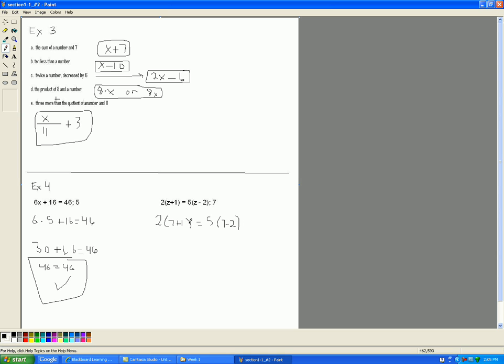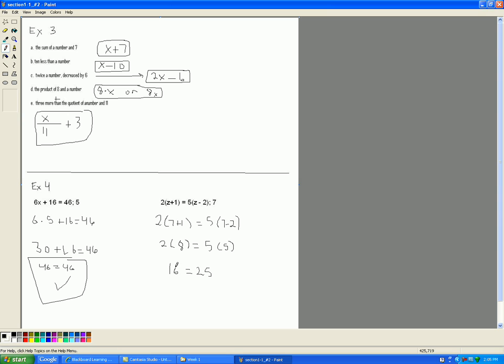Let's go ahead and compute these out. We know we do parentheses first. So it's 2 times 8 is equal to 5 times 5. 7 minus 2 is 5. Now let's compute this. 2 times 8 is 16, is equal to 5 times 5 is 25.